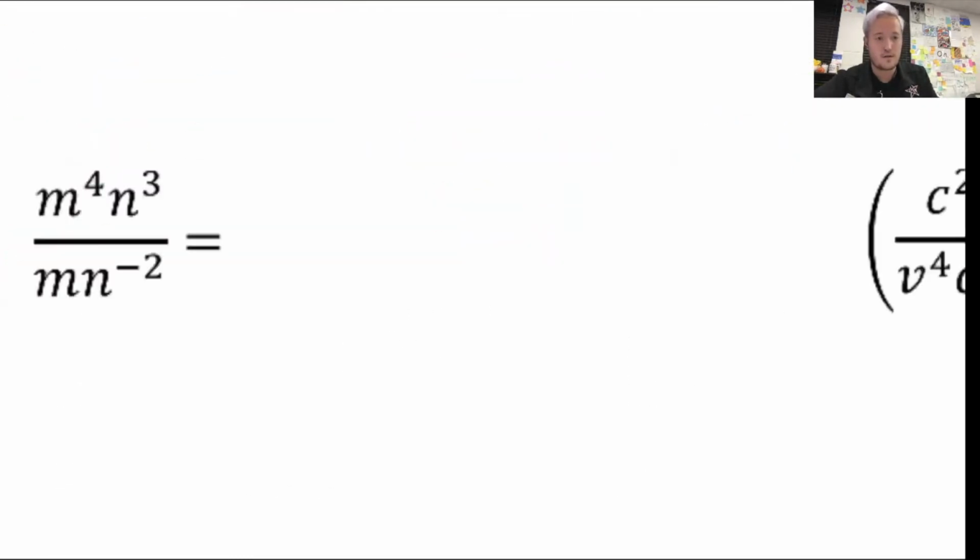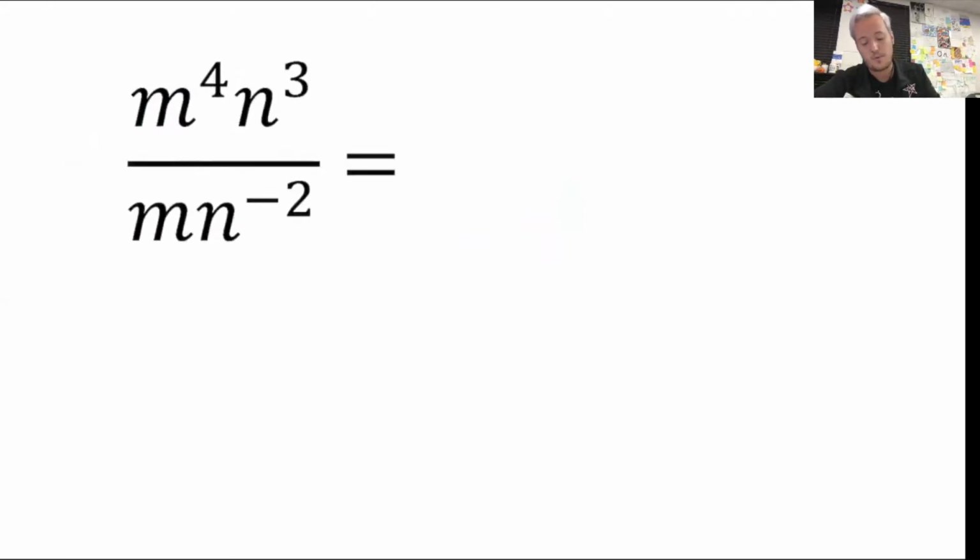All right, now looking at the next one down here. Remember, we can only combine exponents that have like bases. I can only combine my m's together, and I can only combine the n's together. Because the m's are stacked, I have to do the quotient rule.